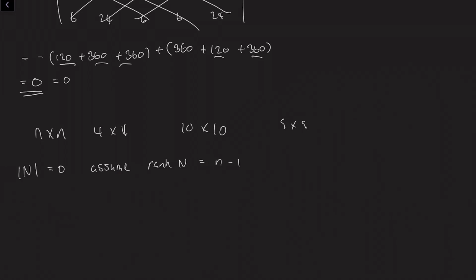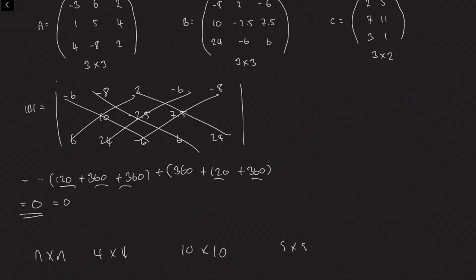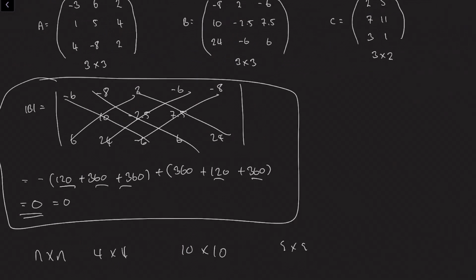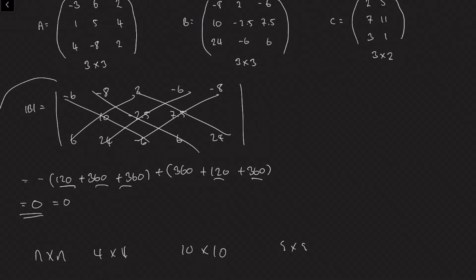So this is kind of a dodgy way of writing the rule, but basically what I'm trying to say is if you found that the determinant of the square matrix is equal to 0, so in this case it's 3 by 3, assume now that the rank of B is 3 minus 1.